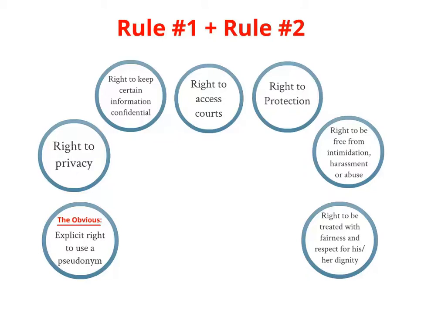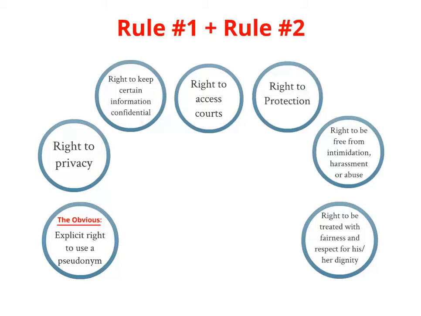So, for example, argue that the victim's right to privacy under federal law and state law supports the use of a pseudonym. Or argue that the victim, like the general public, has a right to access courts under the First and 14th Amendments, the Privileges and Immunity Clause, or the state constitutional equivalent. And that right of access would be imperative if the court were to require this particular victim to proceed with his or her name in the public records.